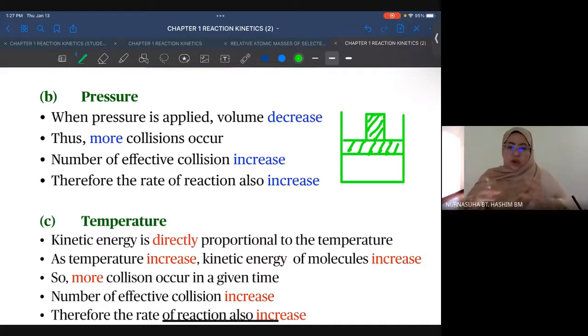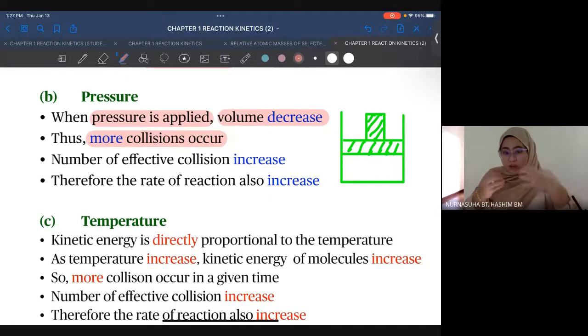When you apply pressure, volume berkurang. Bila volume berkurang, space makin kecil kan? So more collision will occur sebab molekul sekarang rapat-rapat. So probability of effective collision to occur increase. Therefore, rate of reaction increase.